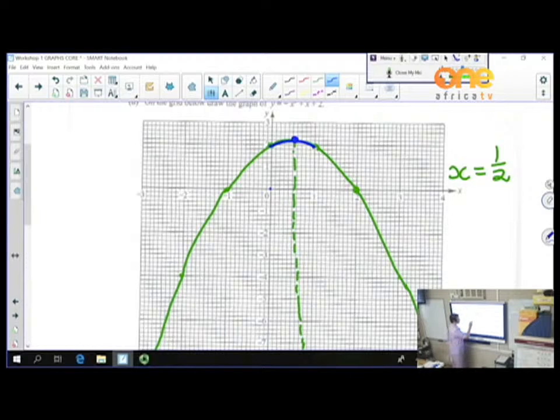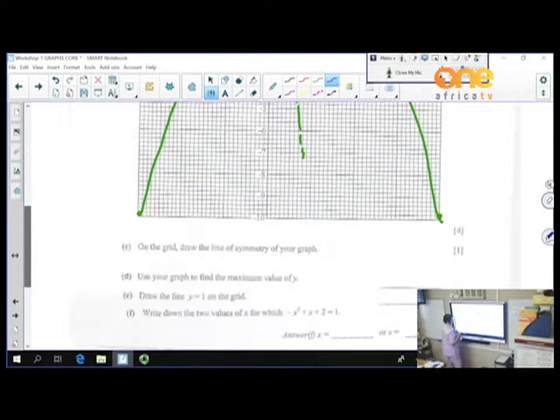That means each little block represents 0.2. So this one should be 2. I got mine at 2.4. Again, you might differ a little bit. 2.3 will also be correct, but not 2. 2 is wrong because it must be higher.